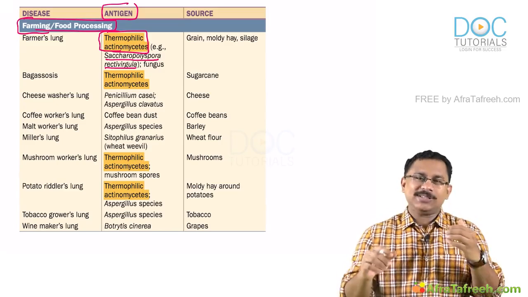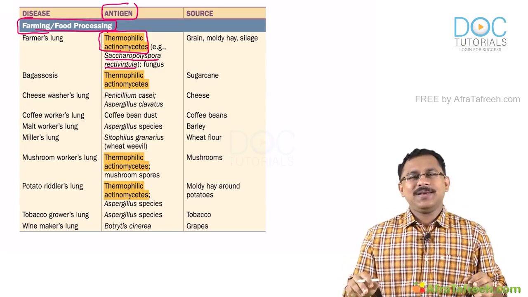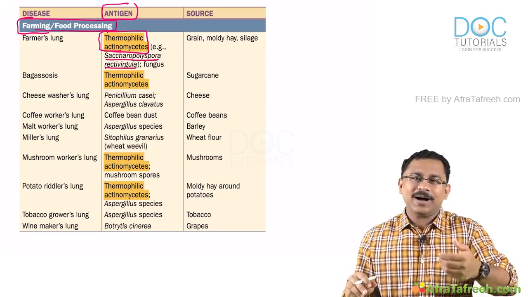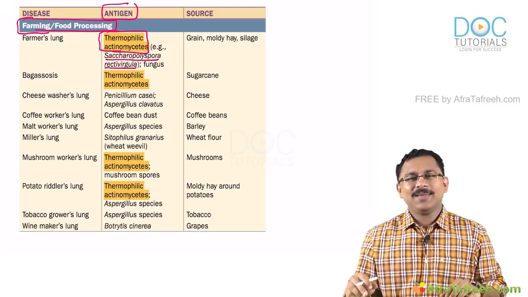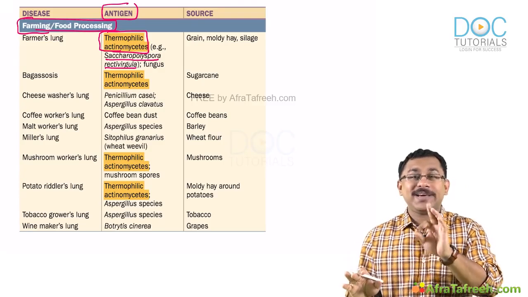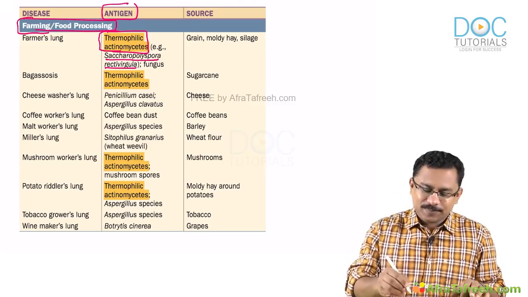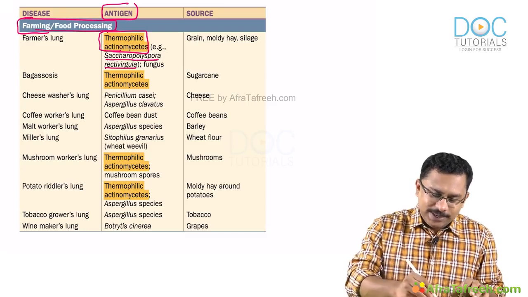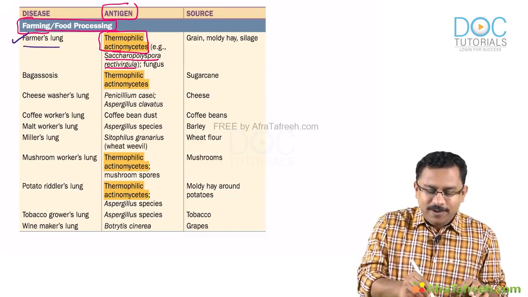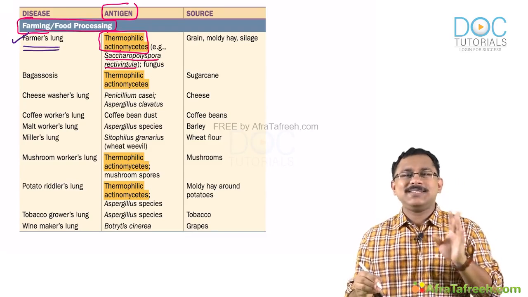So let us see the first MCQ: what are the hypersensitivity pneumonitis types that can occur because of exposure to thermophilic actinomyces? Thermophilic actinomyces can cause, as you can see here, the very important one, farmer's lung.